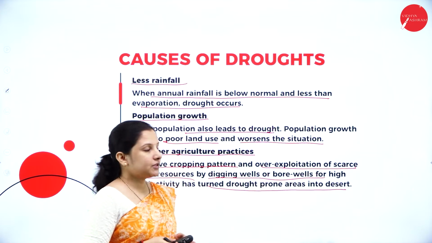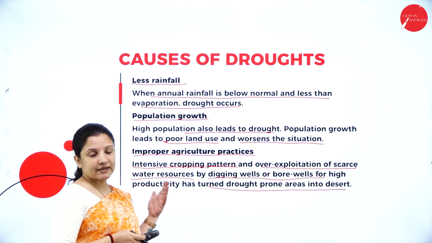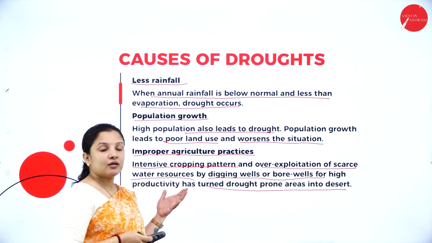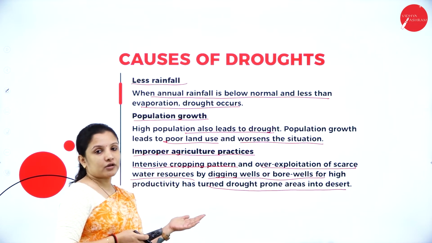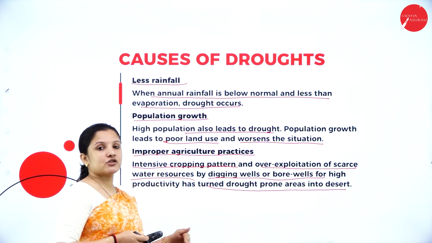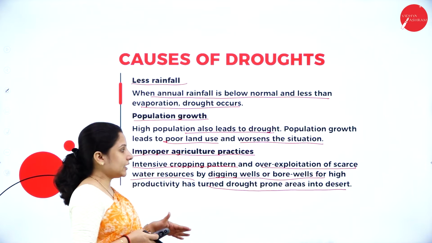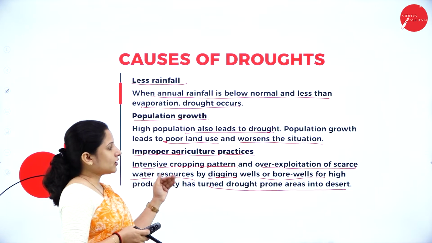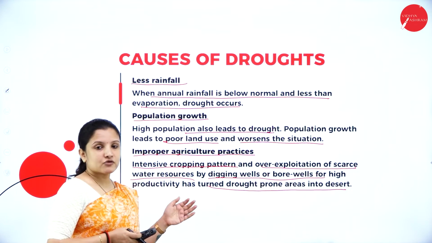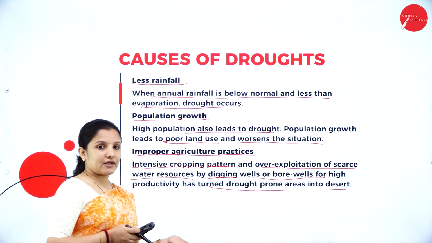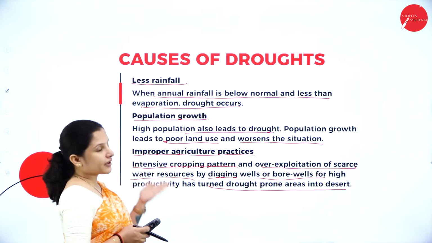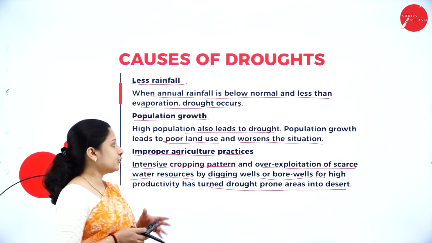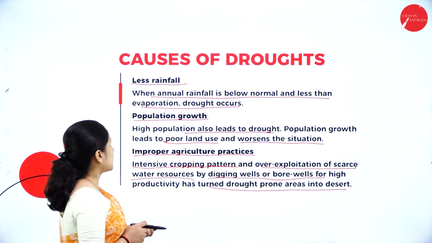Here, as and when agriculture increases, the use of groundwater increases. As groundwater usage increases, the depletion of the groundwater table will increase, and therefore that particular area, which was once a drought or dry area, will get converted into a desert area. So improper agricultural practices can also lead to drought conditions.